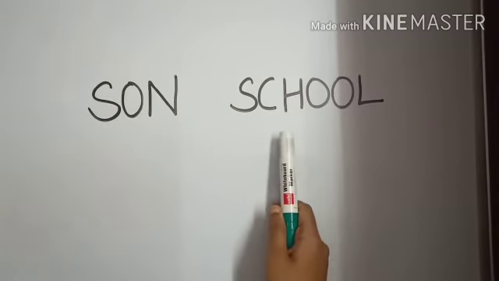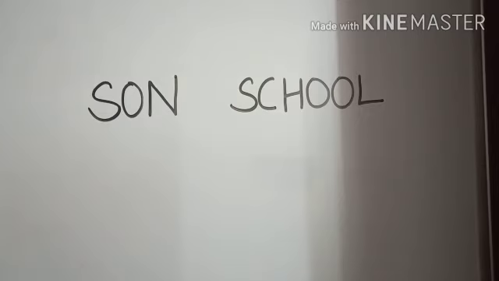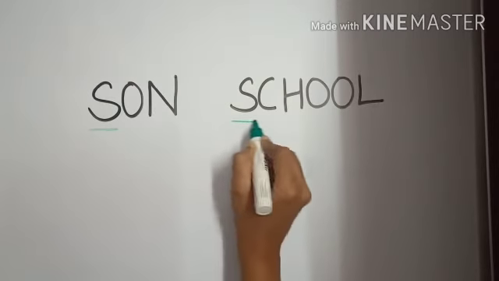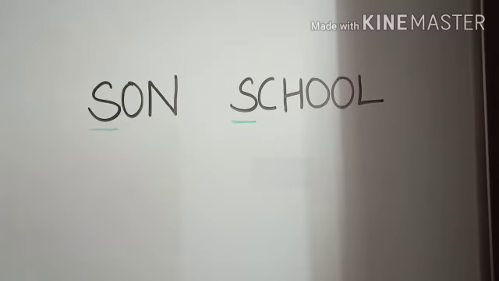The second word is school. Now we have to tell the order in which these two words will appear in a dictionary. Now you might have noticed that these two words begin with the same letter S.